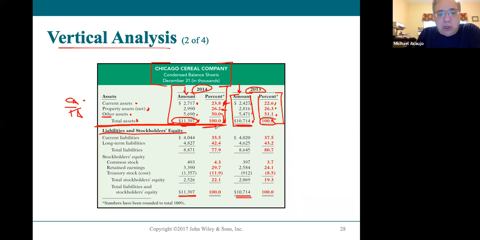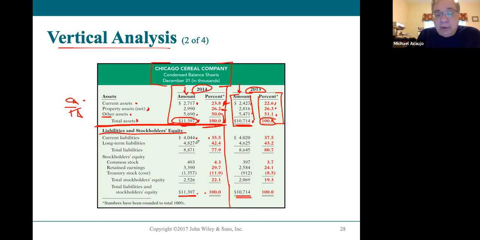So for 2014, you had current liabilities of $4,044 out of a total liability and equity of $11,397. So that means that the current liabilities are actually 35.5% of all of the liabilities and stockholders' equity in total.